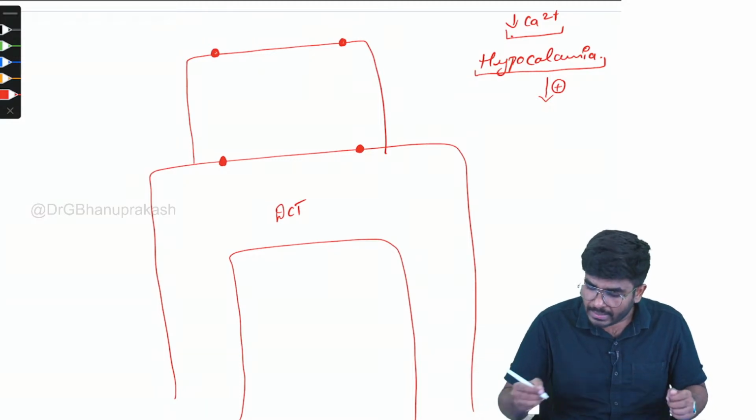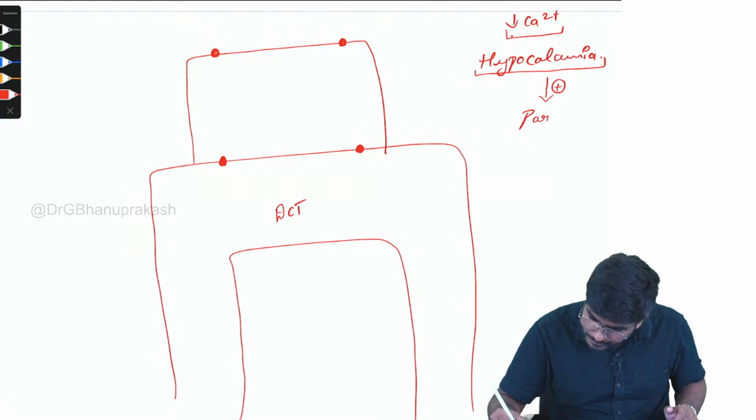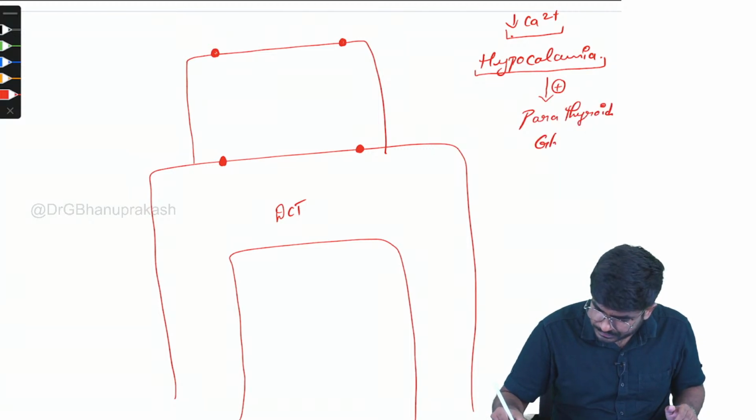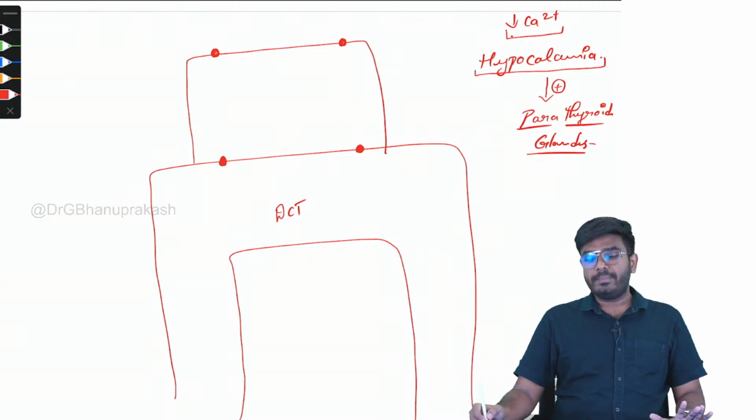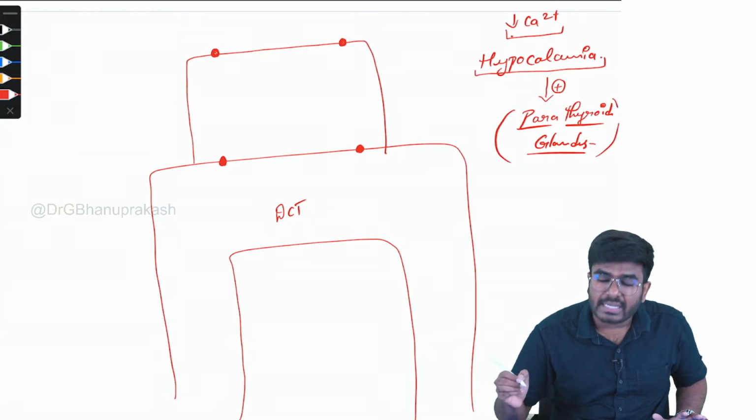Can you name what that gland is? It's the parathyroid glands. Remember, for your entire life, whenever there is hypocalcemia in your body, parathyroid glands will be activated.